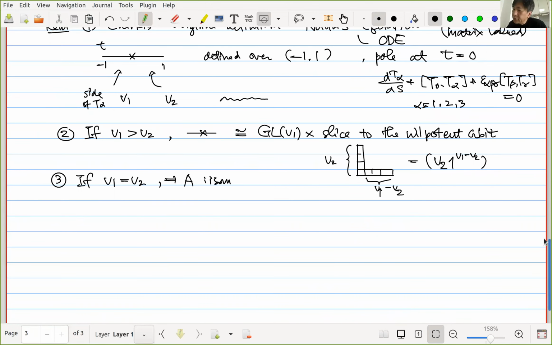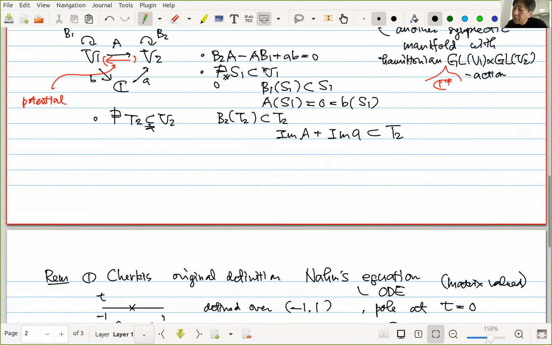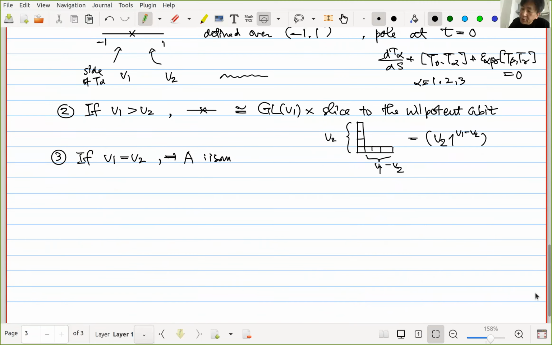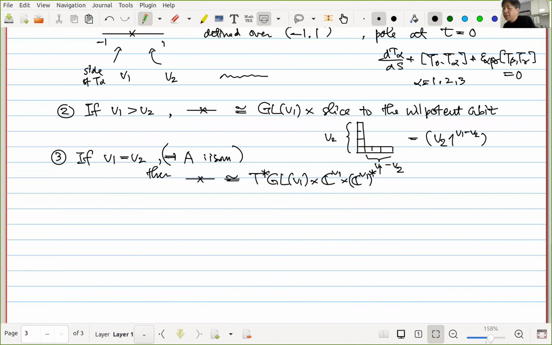Then you can invert A, so B2 is determined from B1 and small a, small b. So in this case, this variety is isomorphic to T star of GL V1 times C of V1 and its dual space. Okay.